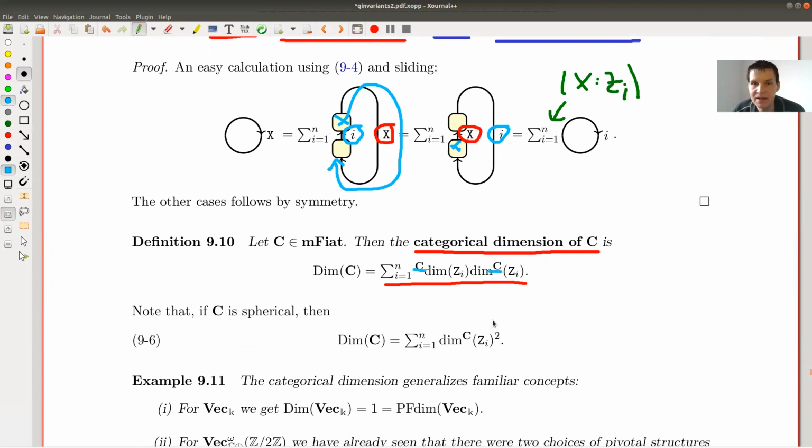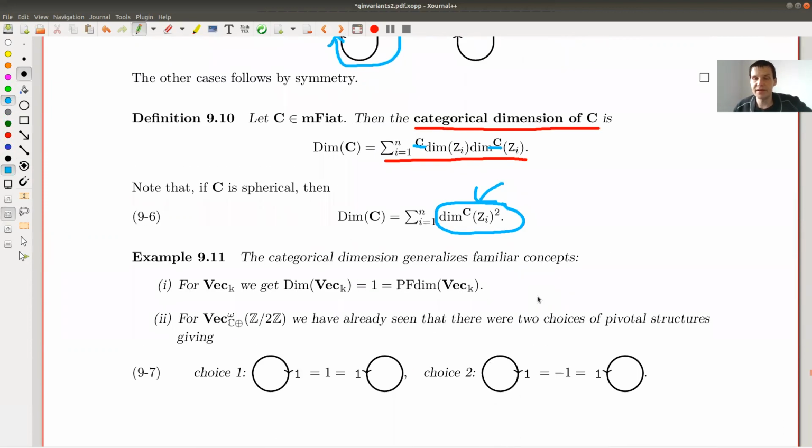But in the spherical case, it's really the squares of the dimensions of the indecomposable objects. And this really generalizes what we know, right? Categorical dimensions generalize what we know from vector spaces. From vector spaces, there is just one simple object, and it's of dimension 1. So 1 squared is 1.